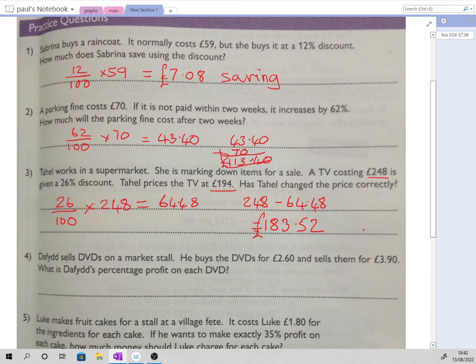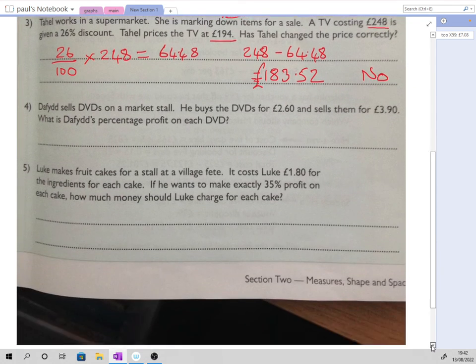Has she priced it correctly? No. I don't think so.